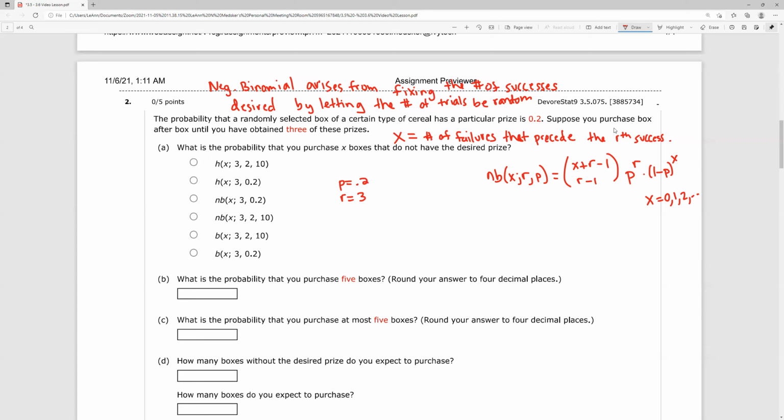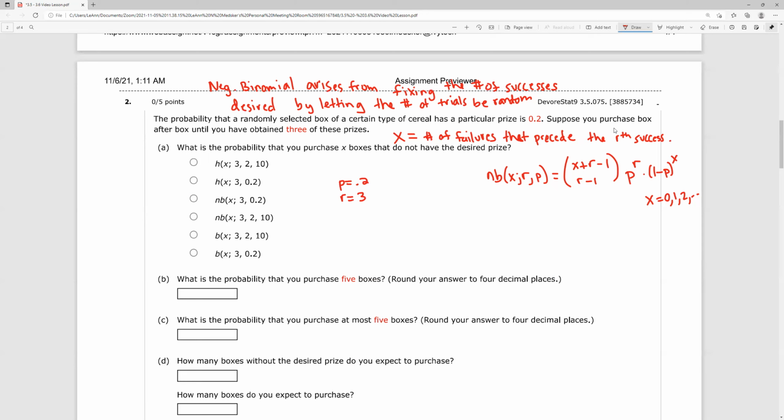So in other words, they phrased this as the number of failures that precede that final success, because we will still have the first 2 successes in the process of drawing these boxes. It's just, what's the probability that we have to purchase all of these failed boxes that do not have the desired prize?